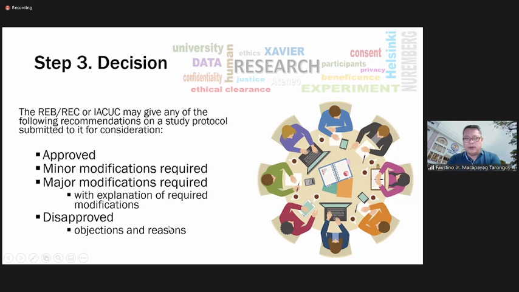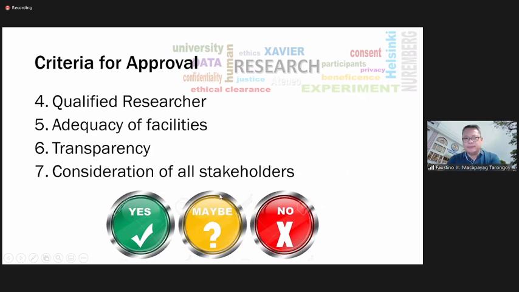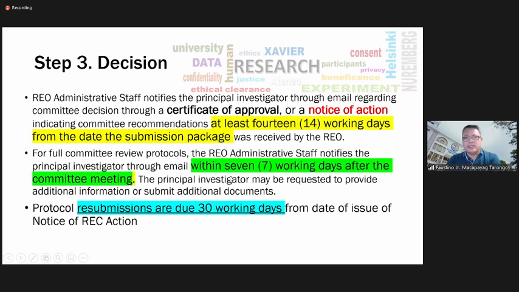I will not explain this anymore, so I can give you these notes so that they can be shared with you by Ma'am Yaying for your individual reference. And these are the things we need to look at when we approve your proposal or your protocol. And then that's the decision.